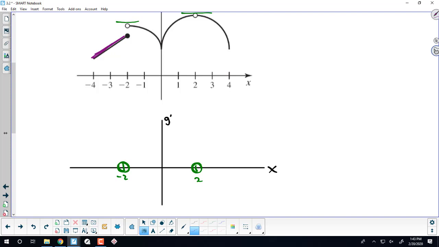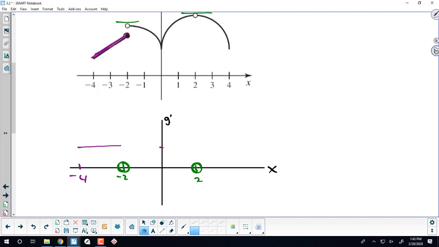Is it always the same on that line? Yeah, just like our other linear functions. Since that slope is positive and always the same, we just know that it's some positive constant from negative 4 to this 2 right here. So here's our positive constant. We go from here to here for this piece.